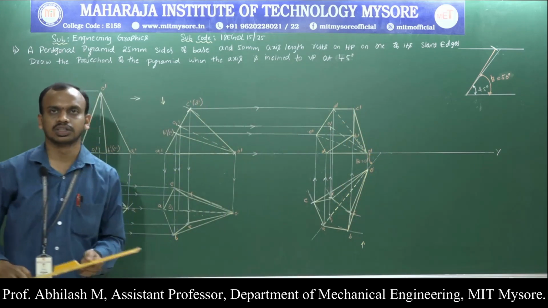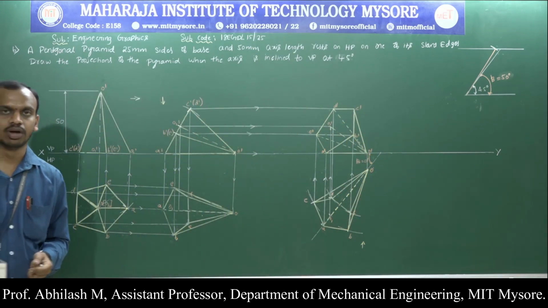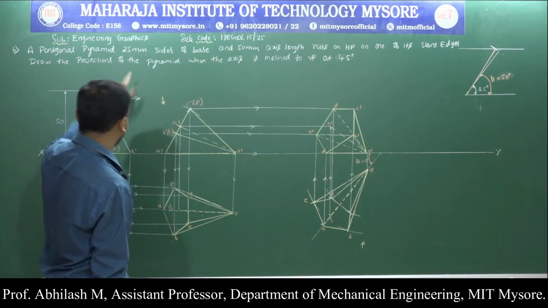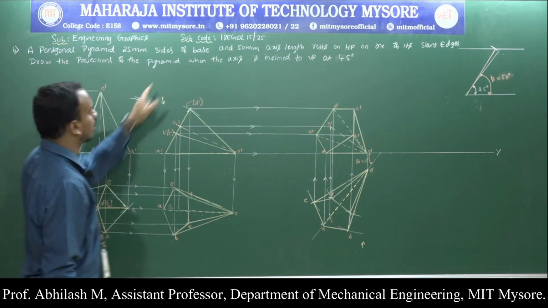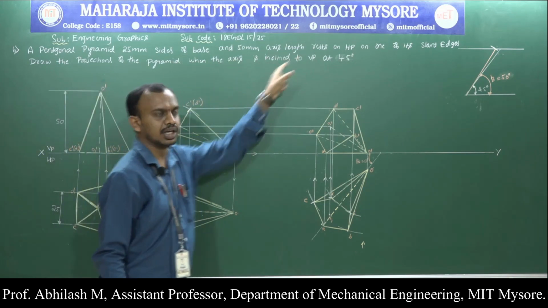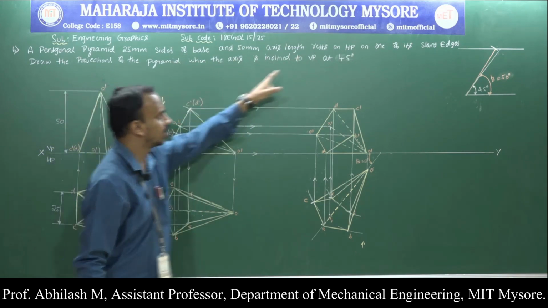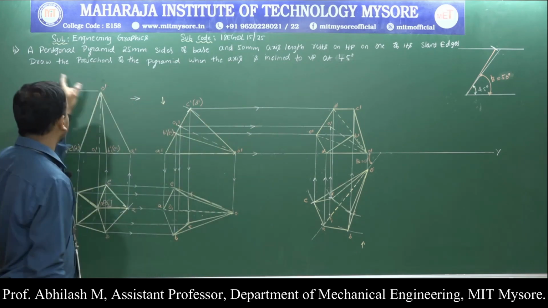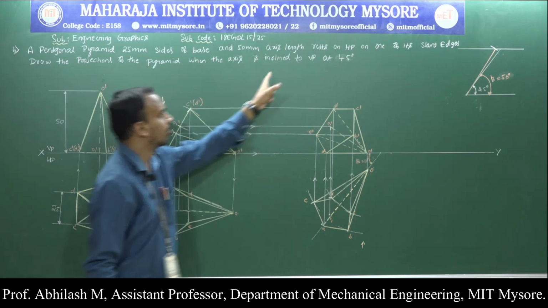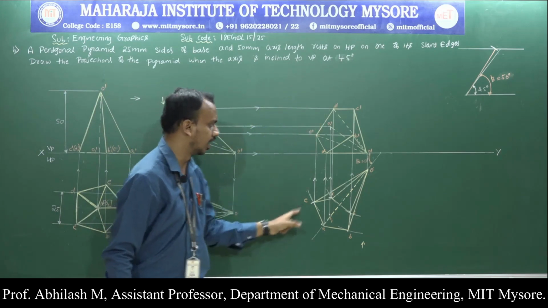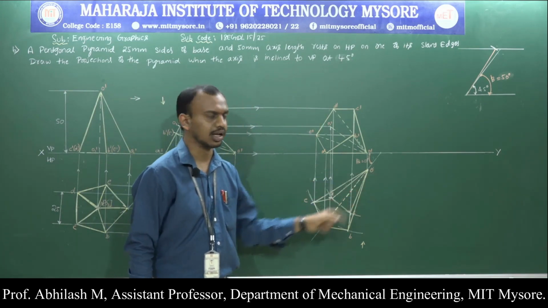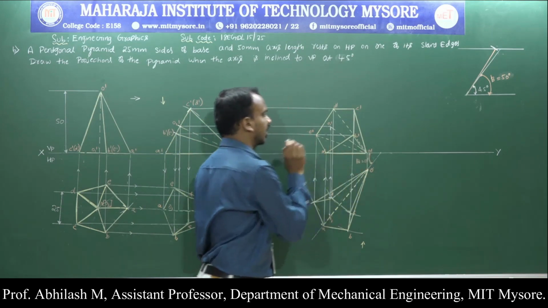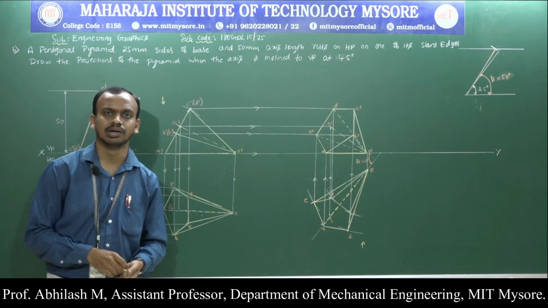So this concludes the problem on the condition they have specified: a pentagonal pyramid of 25 millimeter sides of base and 50 millimeter axis length rests on HP on one of its slant edges. Draw the projections of the pyramid when the axis is inclined at an angle of 45 degrees. We have satisfied the conditions that are specified in the problem.